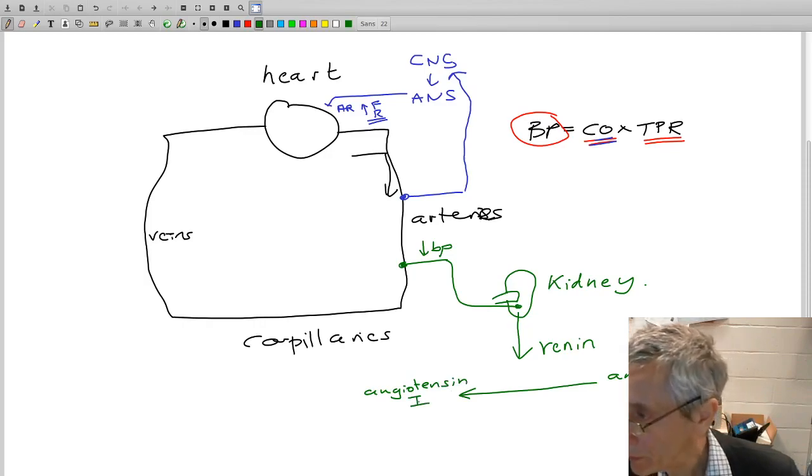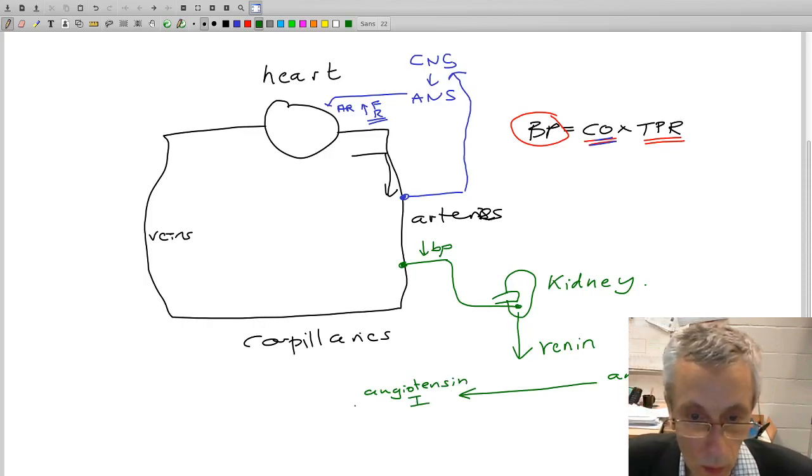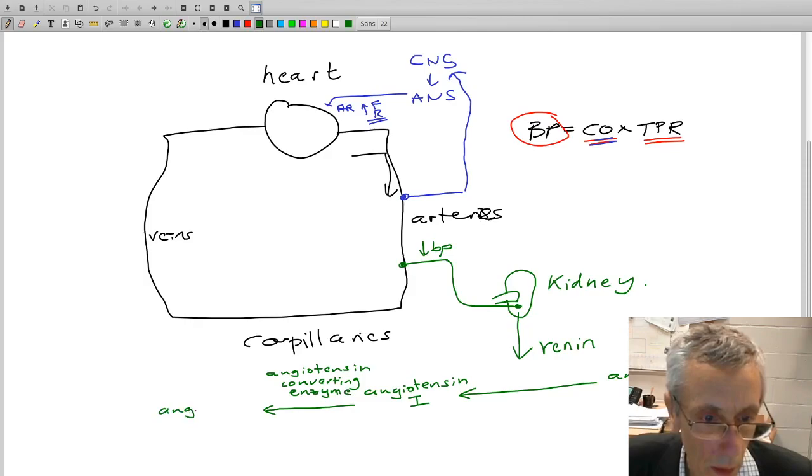Angiotensin 1 is converted by angiotensin converting enzyme to angiotensin 2.